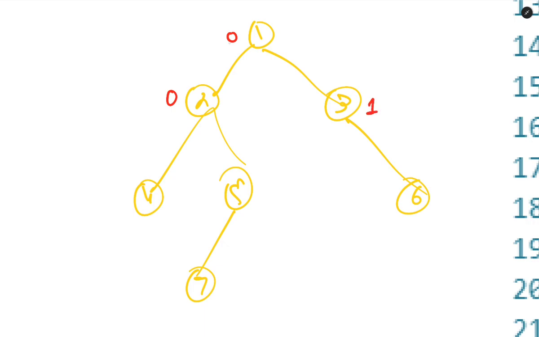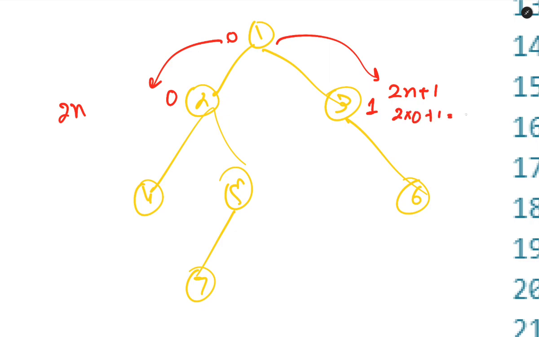So I will say two times of this index, and I will say it 2 times of this index plus 1. So it will be 2 into 0 plus 1, which is equals to 1 only. 2 into 0, which is equals to 0 only. So this node's index will be 0, and this node index will be 1. Okay.